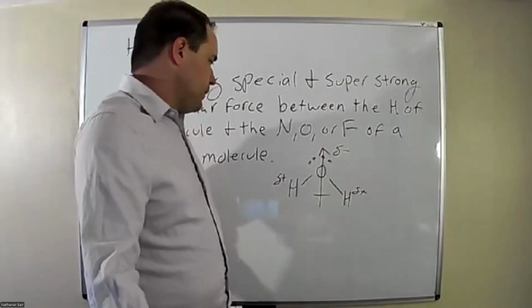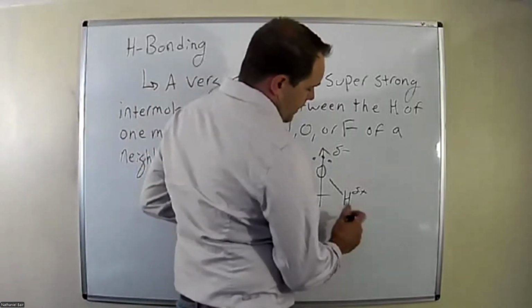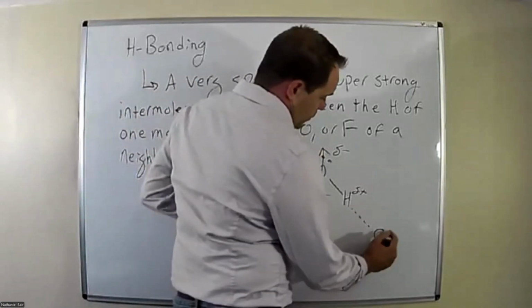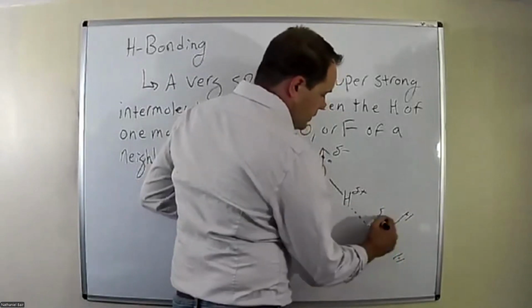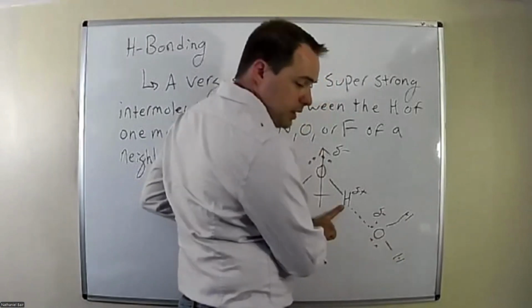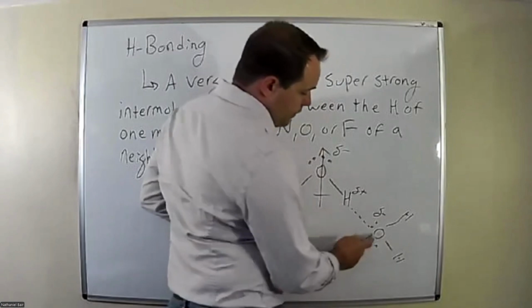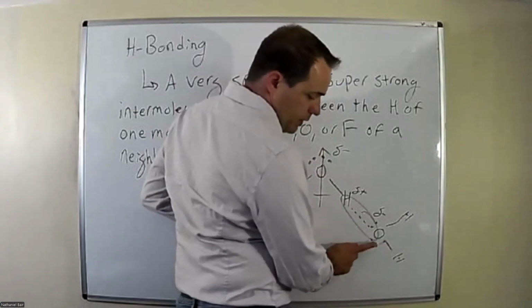What a hydrogen bond is going to be is when one water molecule interacts with another water molecule such that the delta minus of one is next to the delta plus of another. And what we have is an interaction between hydrogen and a nitrogen, oxygen, or fluorine on a neighbor.